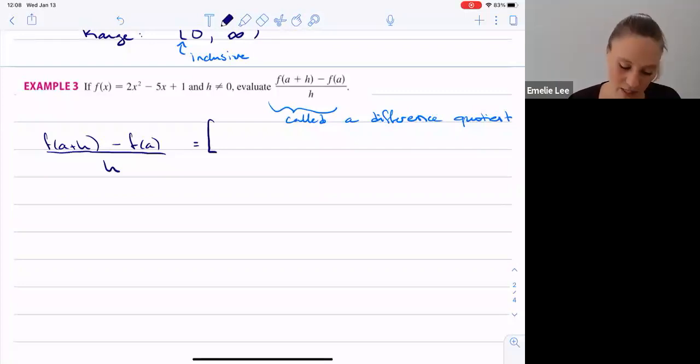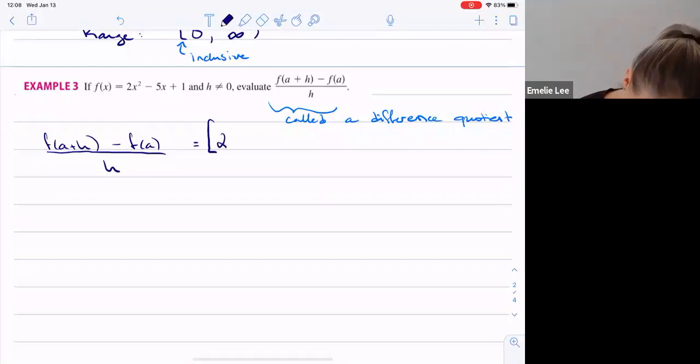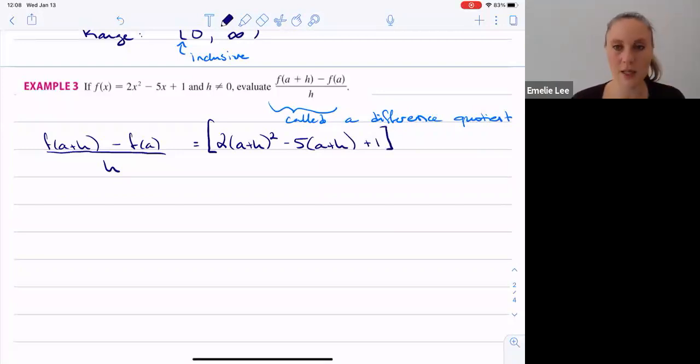So f of a plus h is 2 times a plus h squared minus 5 times a plus h plus 1. End that square bracket. And then minus f of a, now I just replace any x with a, right? So f of a is a lot easier.